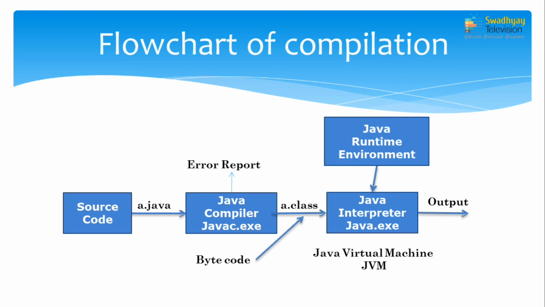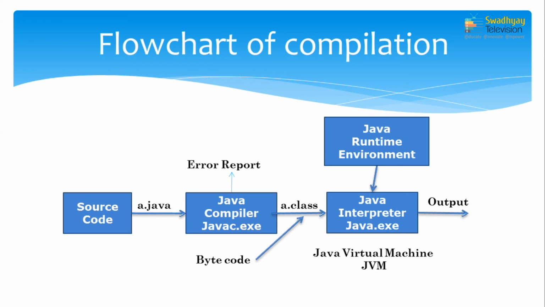So, this bytecode is the magic that provides Java platform independence, and this Java interpreter executes or interprets this bytecode and runs the program and provides us whatever output it is meant to produce. So, this is how we can compile and run our Java program.